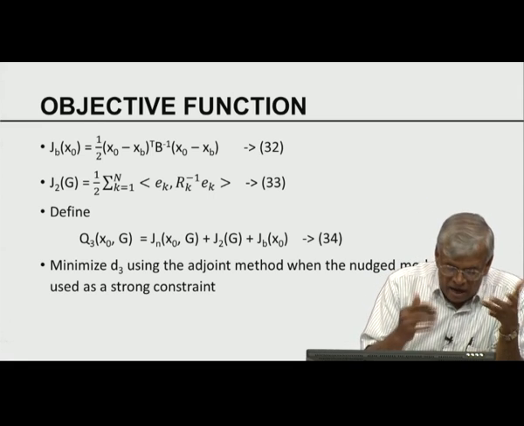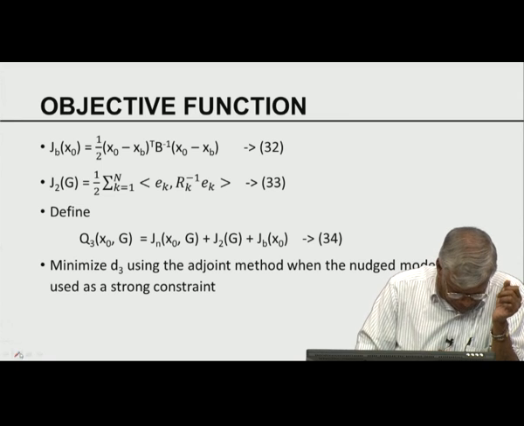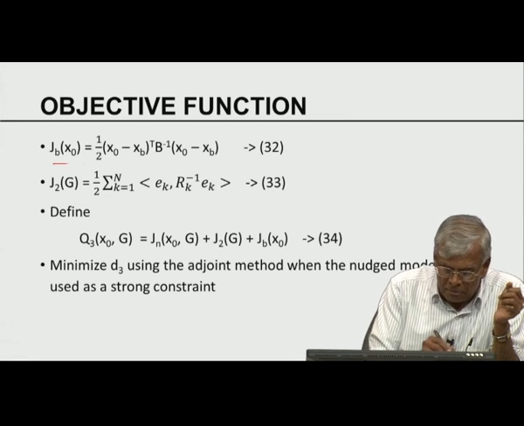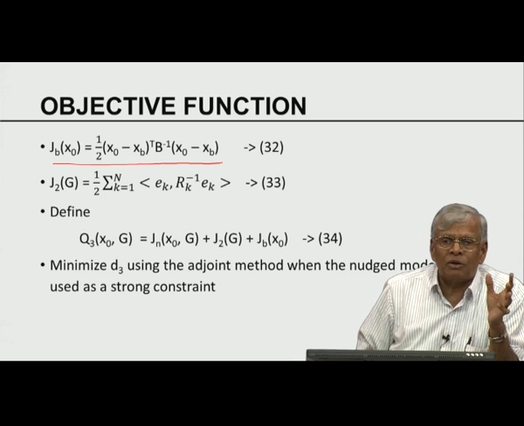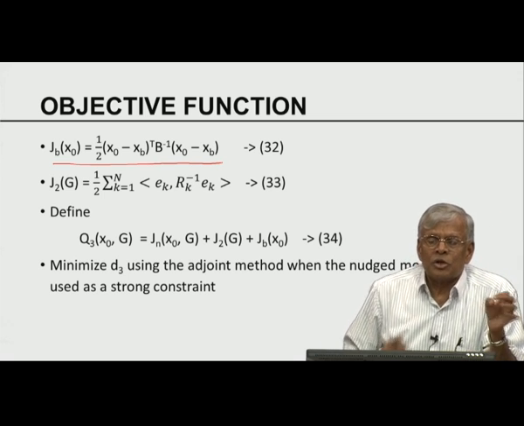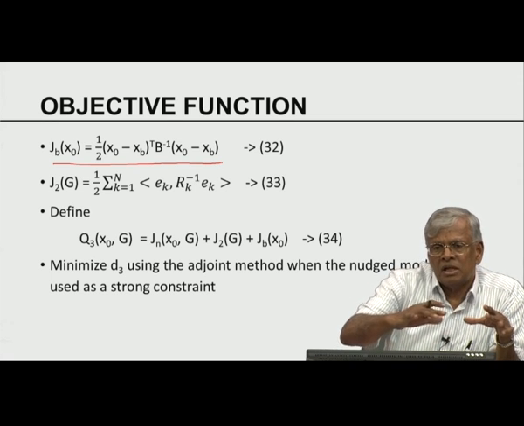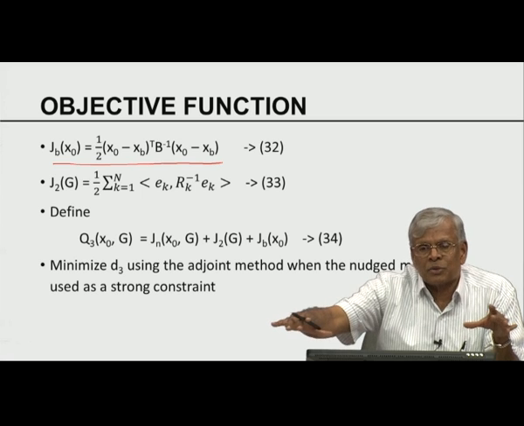Therefore they concocted several components for the overall minimization. One is the background term. What is the background term? X naught. Until now we did not worry too much about x naught. So initially I may allow the error, but as the system picks up in time the error will reduce. That was the basic idea.